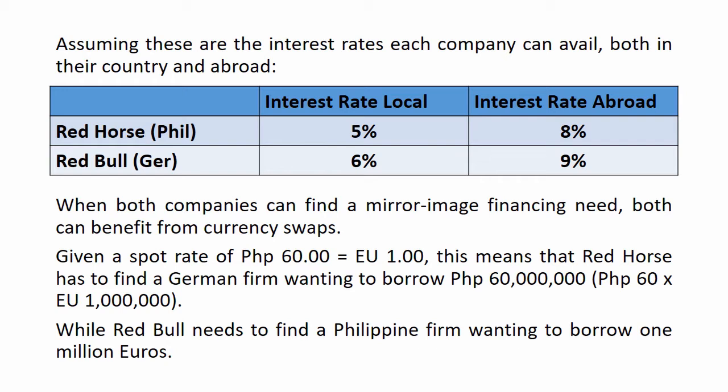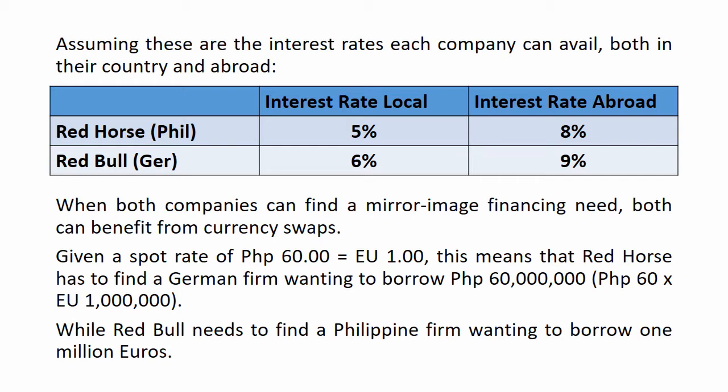This problem can be solved if the companies can find a counterpart in their target foreign market having the same problem. They can simply trade their advantage of being able to borrow at a lower rate with the other foreign company. When both companies can find a mirror image financing need, both can benefit from currency swaps.